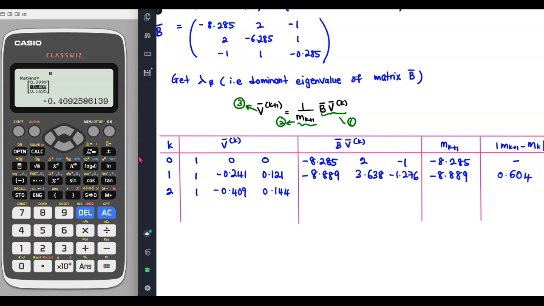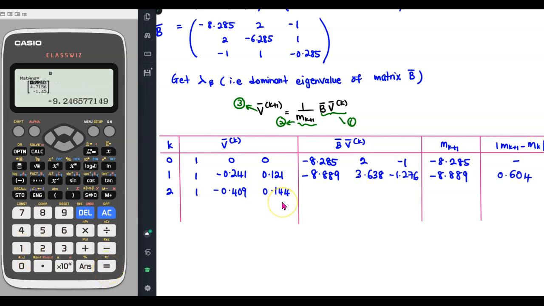All right, now we proceed with BVK. So call your matrix B times V. V is your current math answer in the calculator. So call matrix B, so 4 times your math answer. So 1.